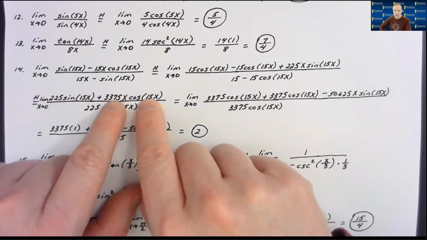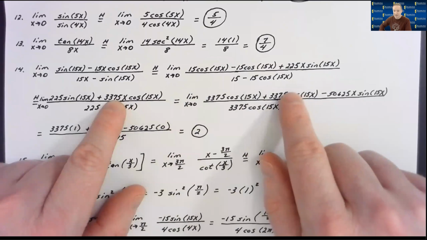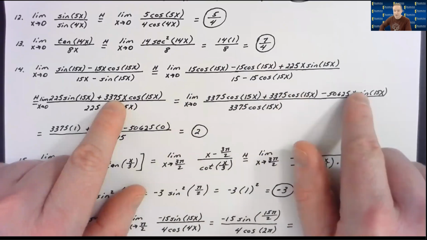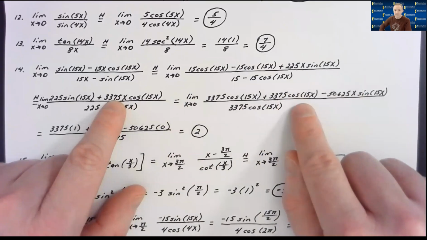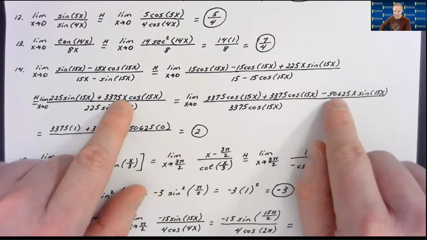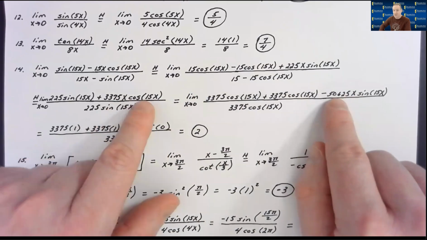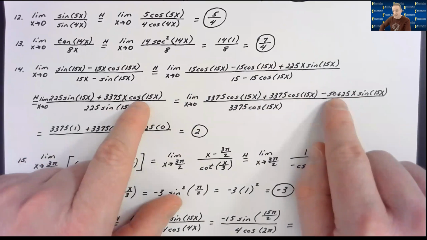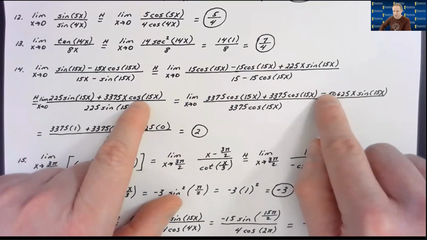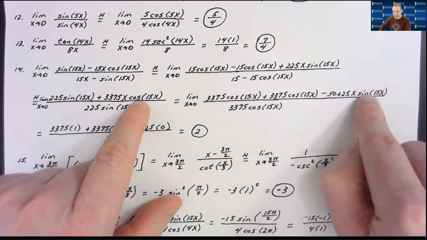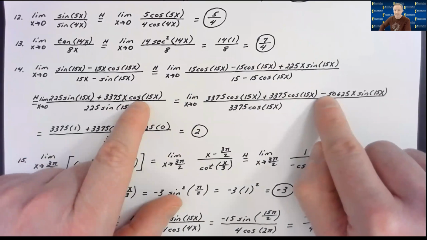So I say derivative of the first is going to give me my 3375 times the second cosine of 15x. And then the next term is plus the first 3375x times the derivative of the second, and derivative of cosine is negative sine. So I'd say, well, that's why that sign out in front became negative. It would have been plus a factor of negative sine. It's better just to say minus.